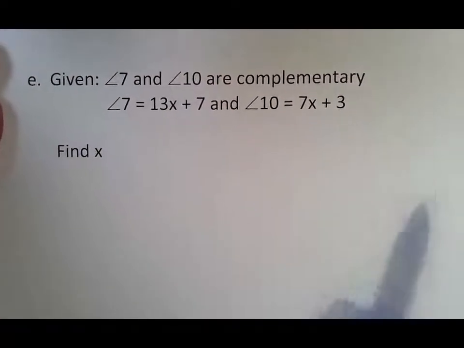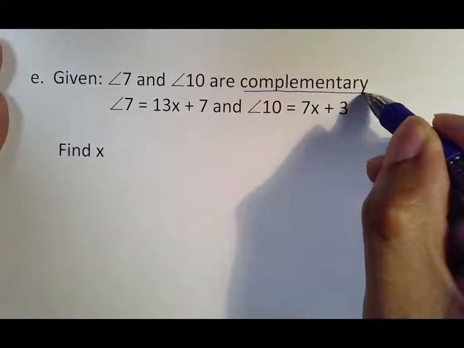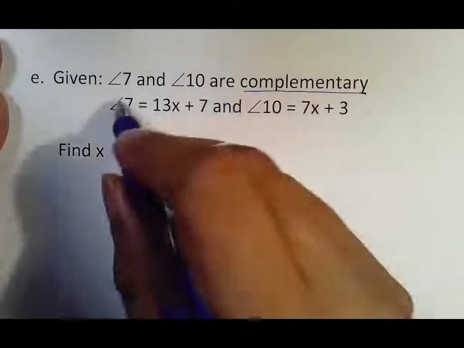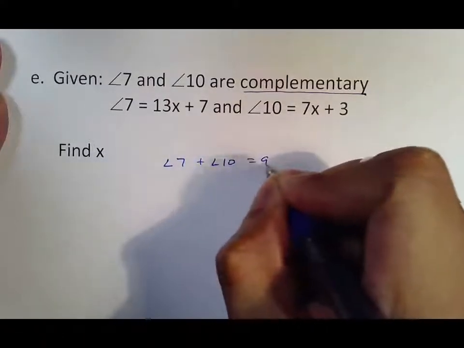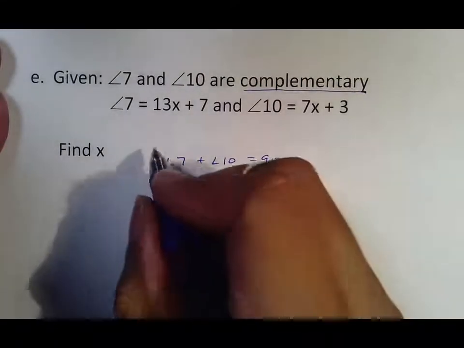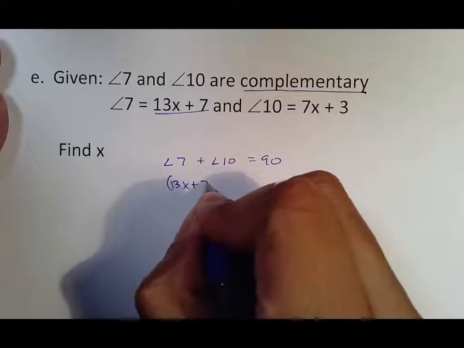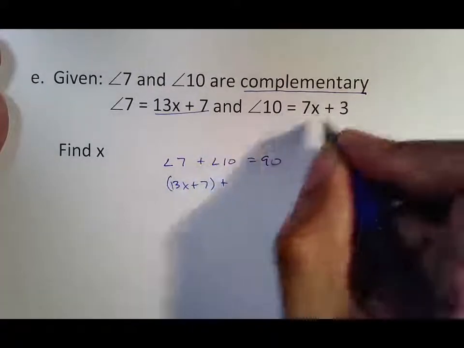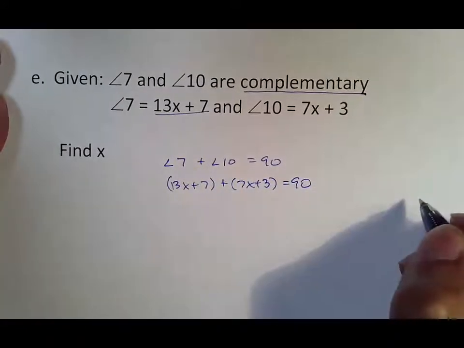So given angles 7 and 10 are complementary. Again, complementary means they add to be 90. So this statement here tells me I can put angle 7 plus angle 10 equals 90 because it says that it's complementary. After that, I can now substitute this for angle 7, so 13x plus 7 plus angle 10 is 7x plus 3 equals 90.